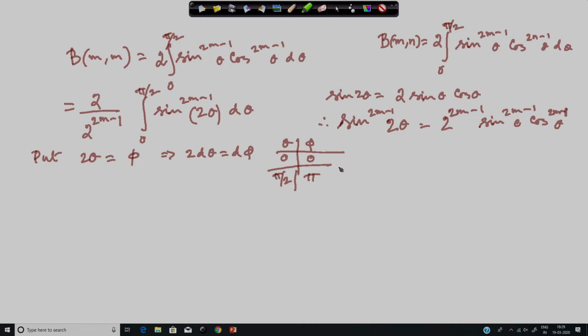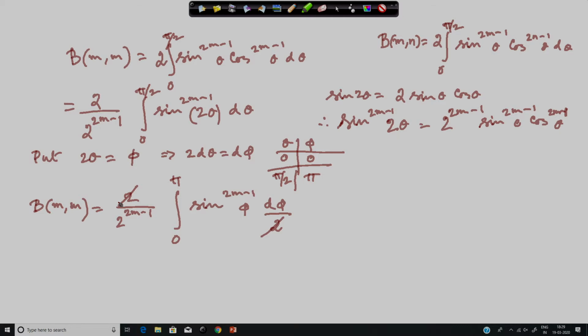So, beta becomes, let me keep it as 2^(2m-1) times 1/2... no, the integral from 0 to π of sin^(2m-1) φ, and dθ is dφ by 2. So, these two cancel each other.